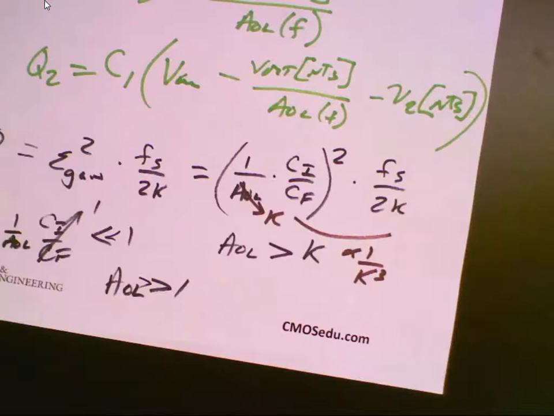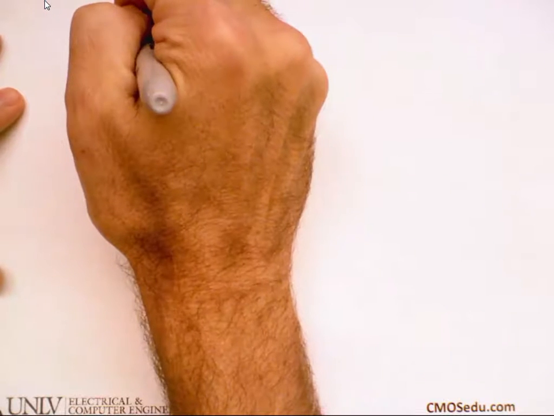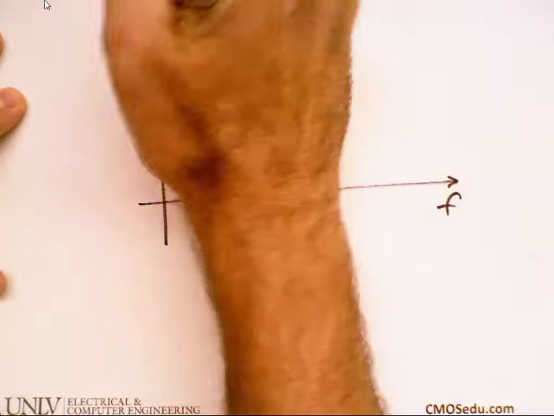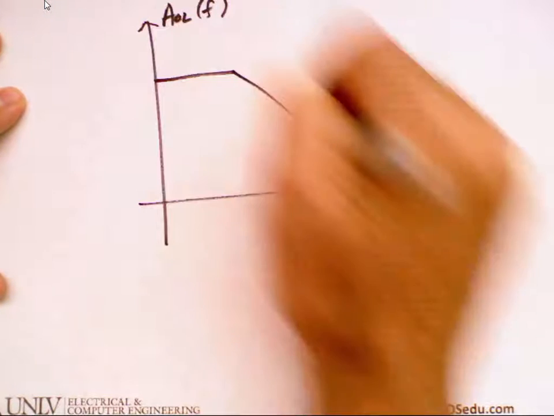All right, real quick here, because this is something maybe you already know. If I look at the bandwidth of an op-amp, or the gain bandwidth product of an op-amp, and I plot with frequency AOL of F, I get something that looks like this.